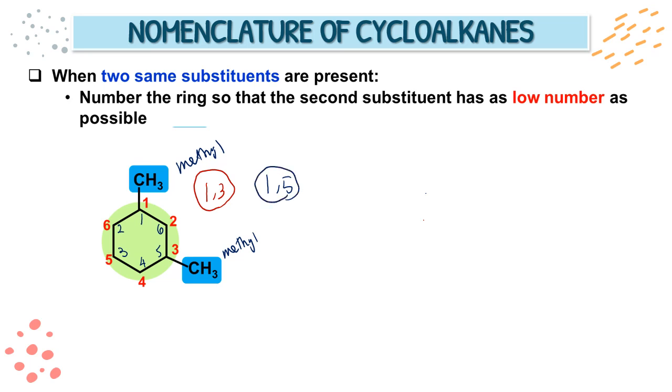The substituent is the same, methyl, but we need to choose the lowest number combination possible. So we are going to choose 1 and 3, not this one. We can erase this.